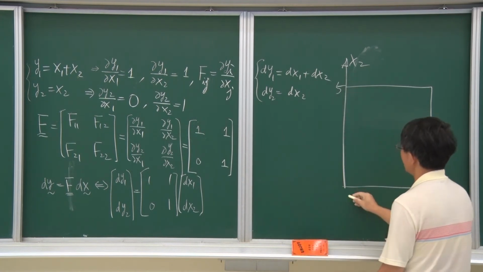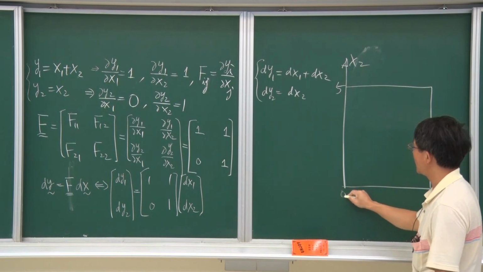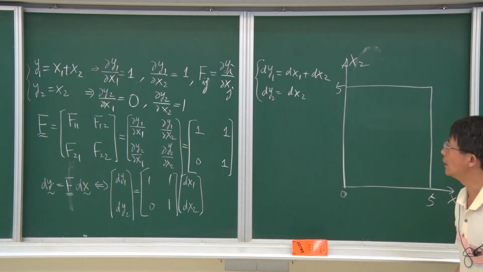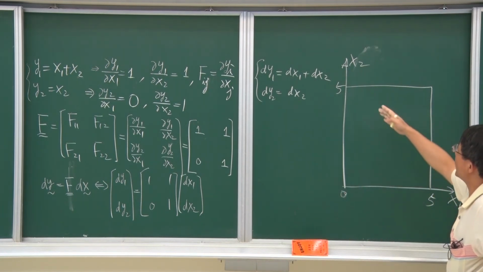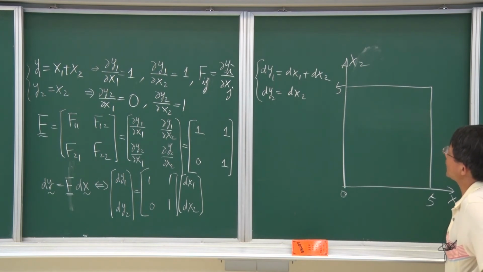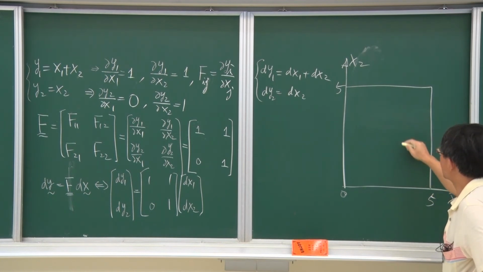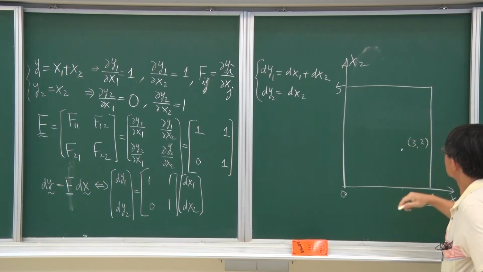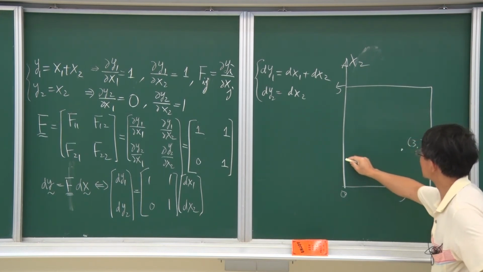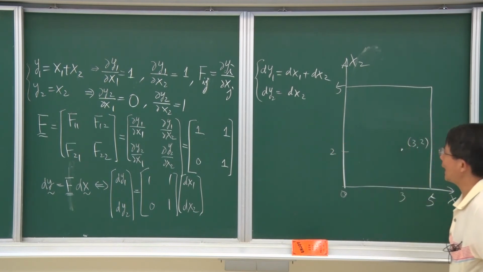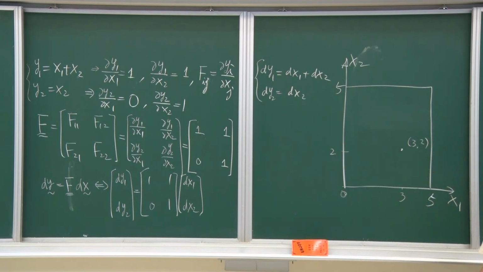For example, we look at a square plate with the boundary of 5 by 5, and then we look at the point 3, 2. Actually, every point will have the same deformation gradient, as we mentioned before.